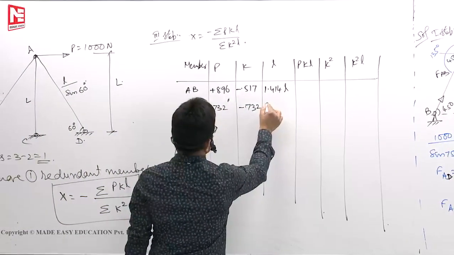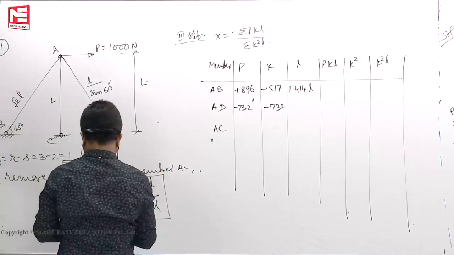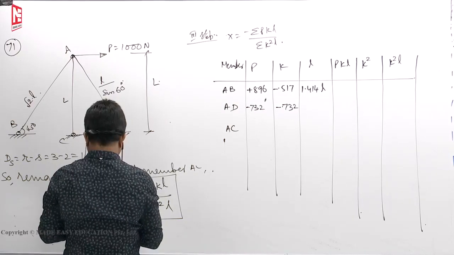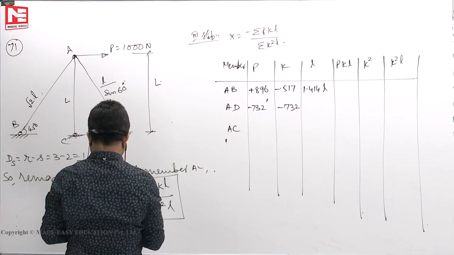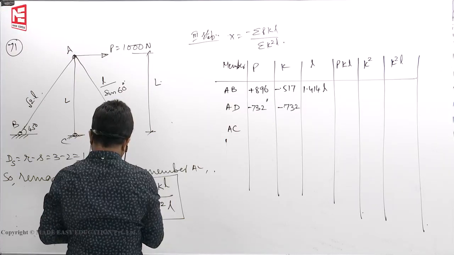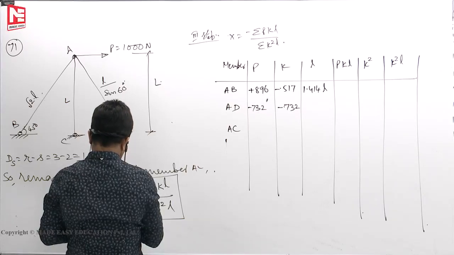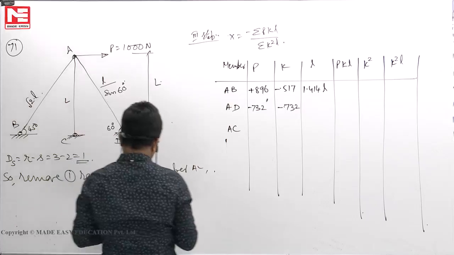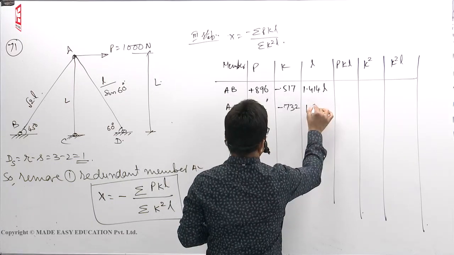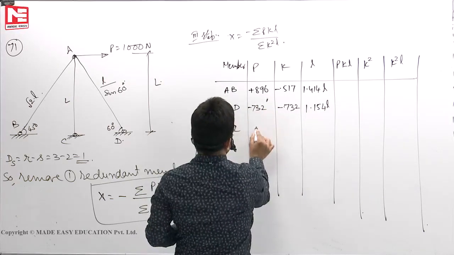Length is L by sin 60. So L by sin 60, you will get around 1.154, 1.154 L. AC value P is not there.